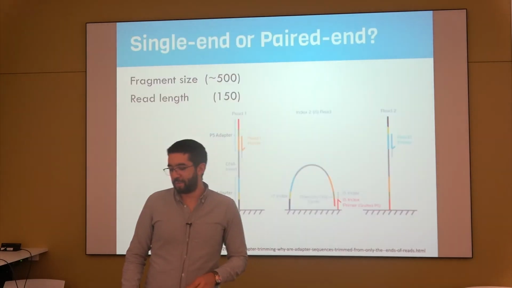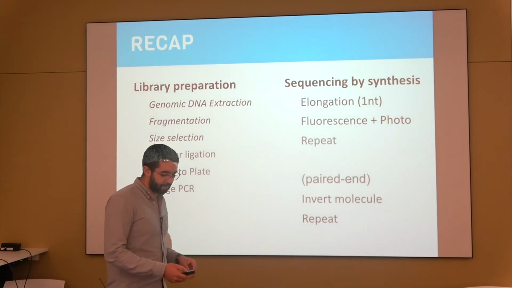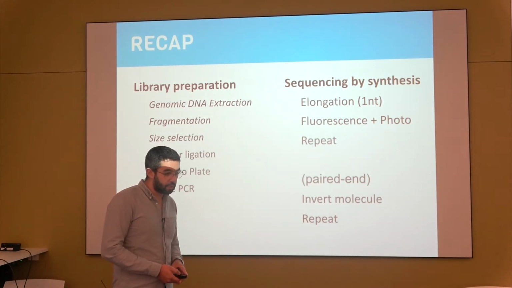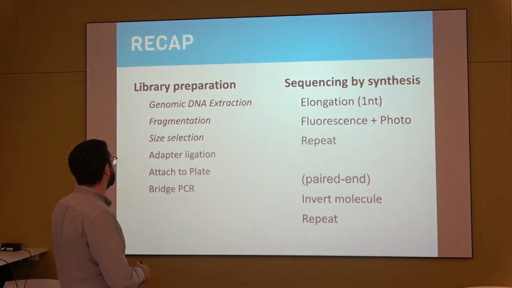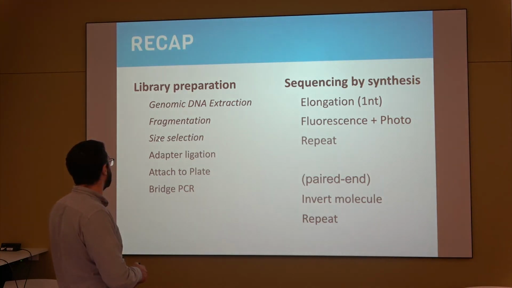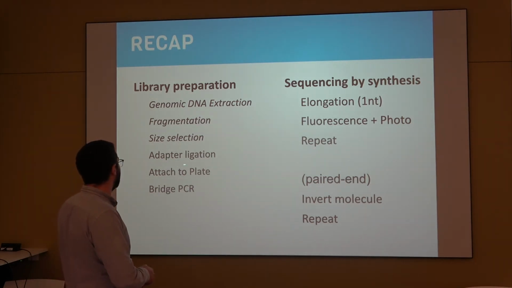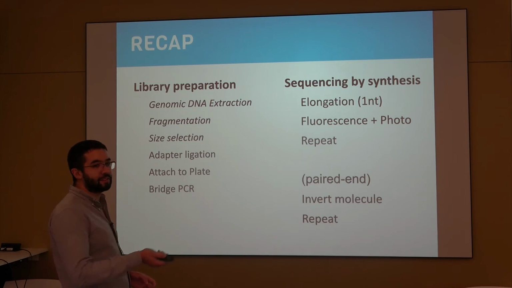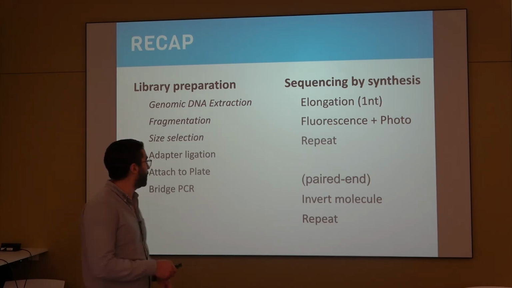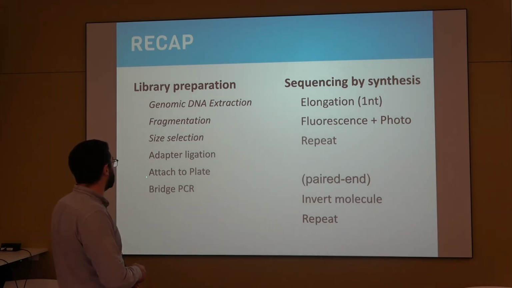Right, so of all these steps, usually research labs will have people do this step, this step, this step. Here you do all of this by yourself, mostly, and then you send it to the company that is doing the sequencing, and they will do all of these other steps inside the machine.